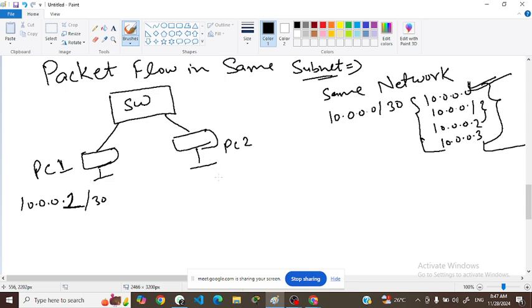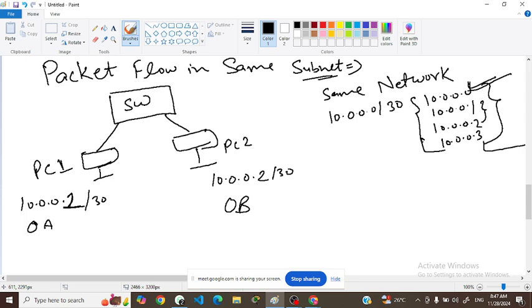I am using a /30 network. And suppose this PC's MAC address is 0A and this PC's MAC address is 0B.